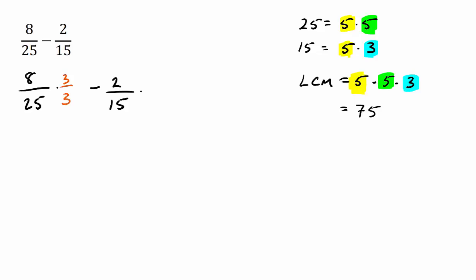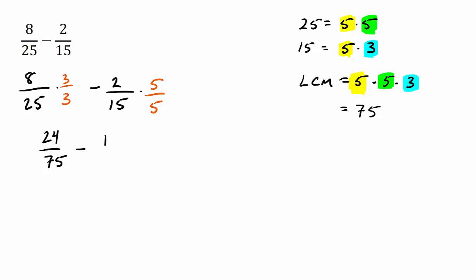And then the next example, I'm looking at a denominator of 15. Well, here's 15 right here, 5 times 3. And so I can see that I'm missing that 5 right there. And so I need to multiply this by 5 over 5. Now multiplying my fractions out, 8 times 3 is going to be 24 over 75.